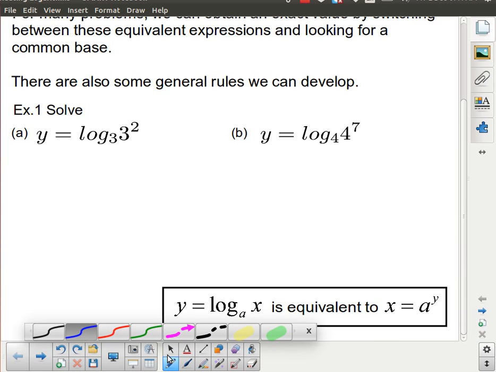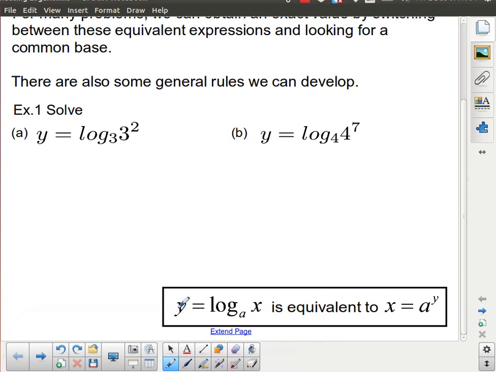If I take a look at my original expression, y equals log base 3 of 3 to the 2. The y equals log base a, so base 3, there's my a value. And my x is going to be this whole thing, 3 to the power 2. And y, of course, is still just y.